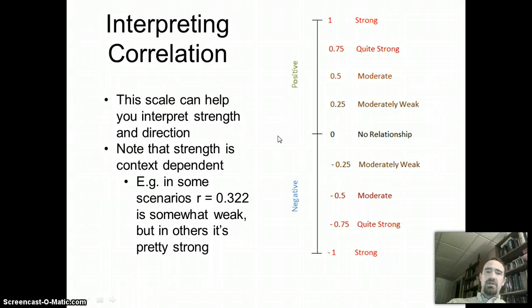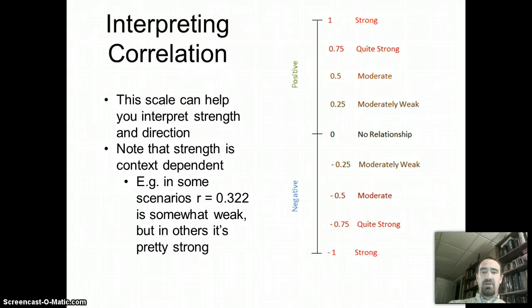Note that the strength is context dependent. In some scenarios, a correlation of 0.322 would look very weak, but in others it actually would look somewhat strong. So what am I talking about? For example, if you're doing a physics experiment, a 0.322 correlation might be a pretty weak showing.